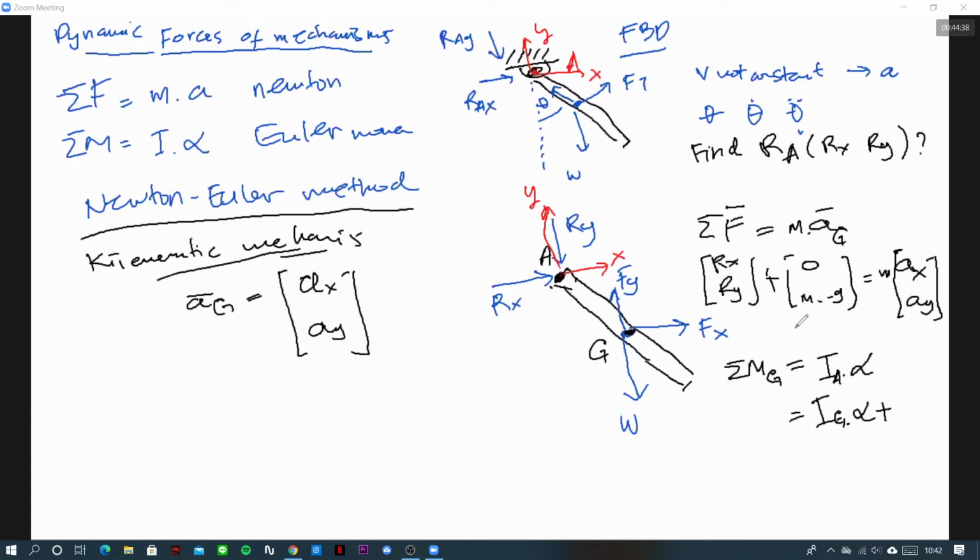Basically, this is simple if you just type F tangential times the length. Let's say the full length is L. So I will type L times 2.